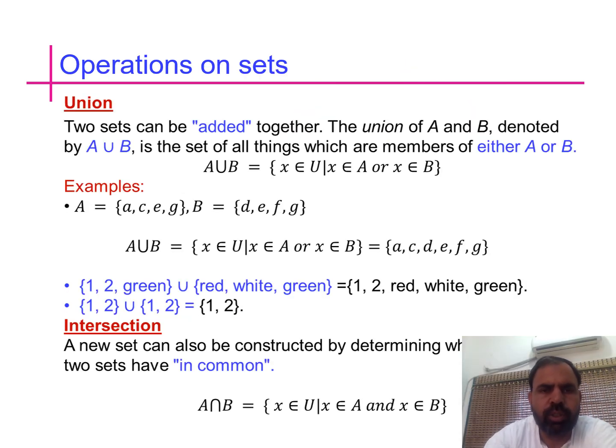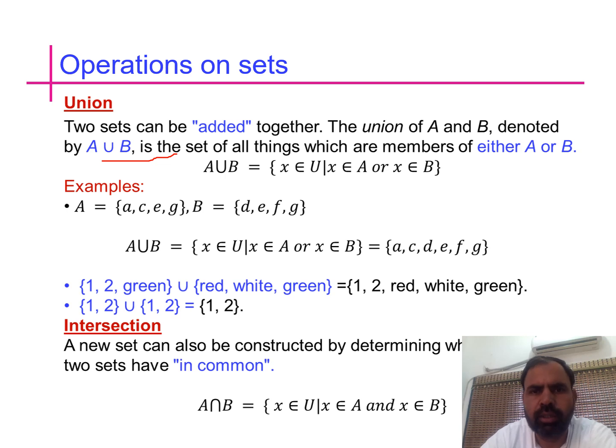Now we discuss the operations on sets. First of all, union. Two sets can be added together. The union of A and B, denoted by A union B, is the set of all things which are members of either A or B. It means it's addition.